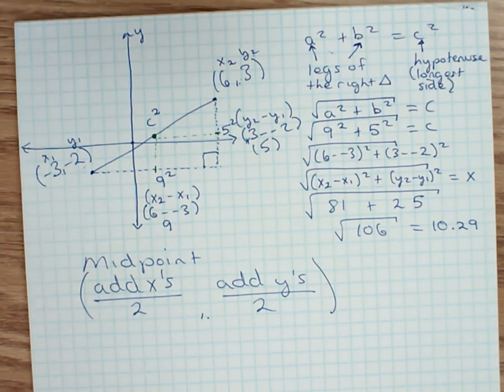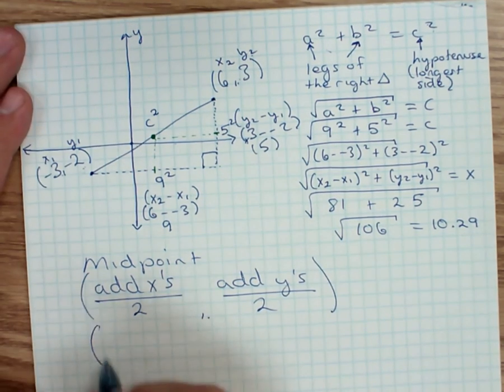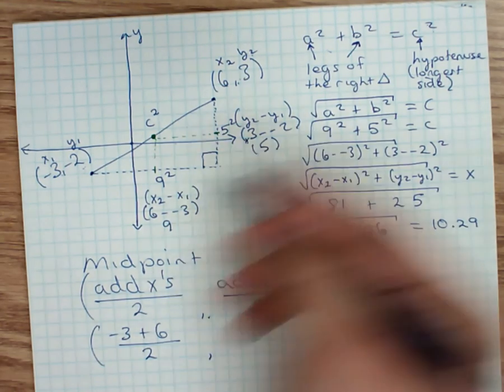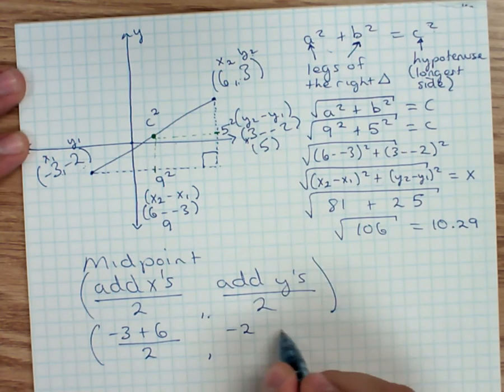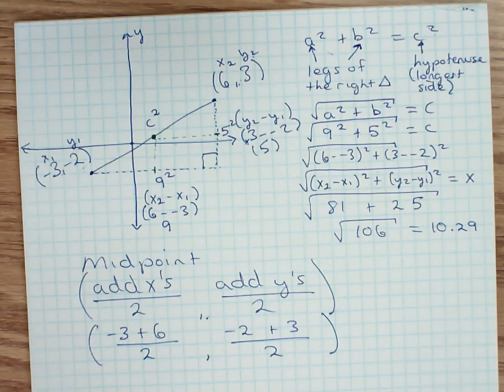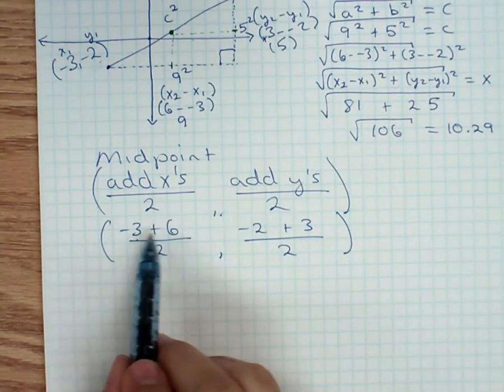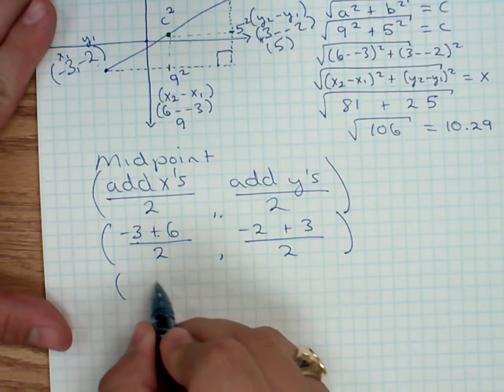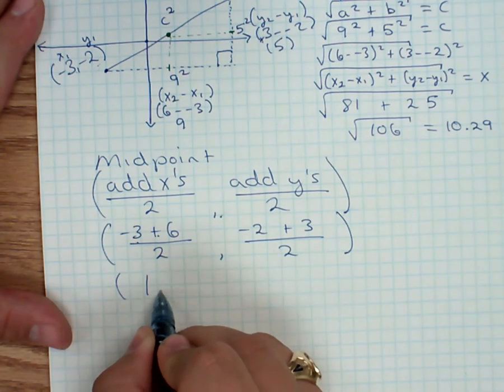So if I add my x values, negative 3 plus 6, divide by 2. I add my y coordinates, negative 2 plus 3, divide by 2. So negative 3 plus 6 is 3, divided by 2 is either 3 over 2 or 1.5.